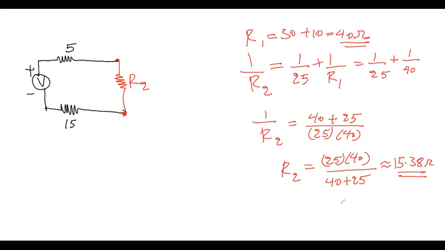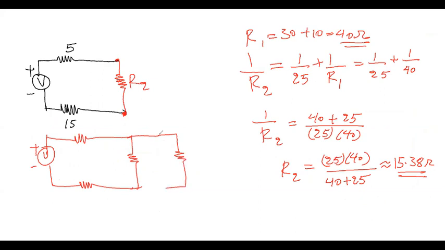So the step is, this is exactly the same as: plus minus, a resistor, another resistor, a resistor, and another resistor. So that's what we have.